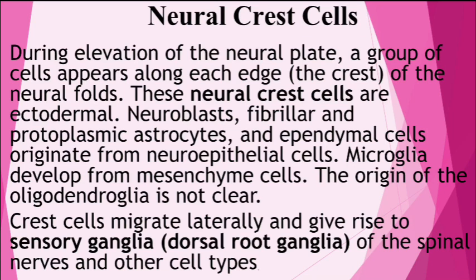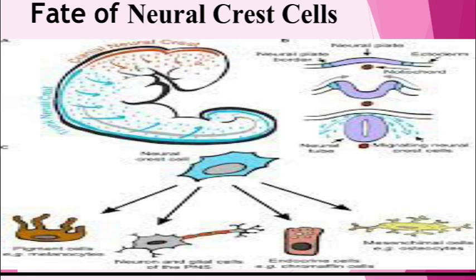So, in other words, neuroblasts of the sensory ganglia are derived from neural crest cells and they give rise to the dorsal root neurons. In addition to forming sensory ganglia, cells of the neural crest also differentiate into sympathetic neuroblasts, Schwann cells, pigment cells, odontoblasts, meninges, and mesenchyme of the pharyngeal arches.